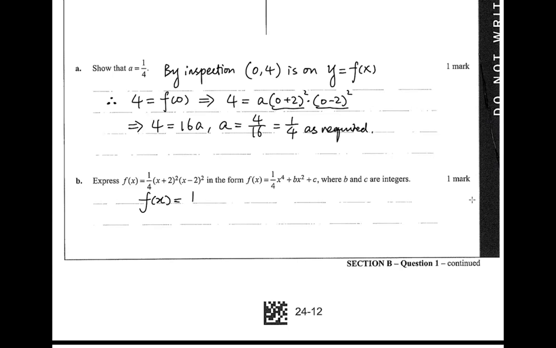This will be 1/4 x to the power of 4 minus 2x squared plus 4. Notice that if they want you to find the values of b and c, you need to state them. But here, you don't need to, because they haven't asked you for the values of b and c.